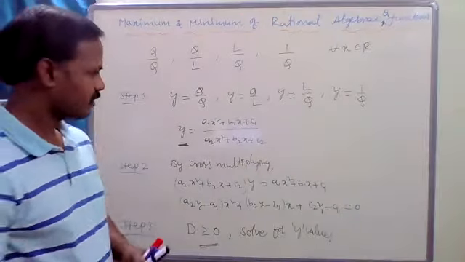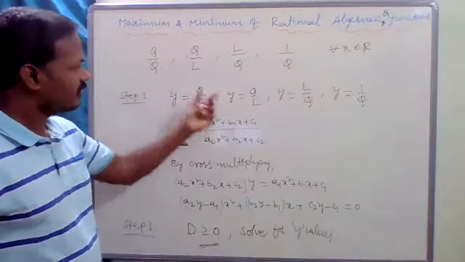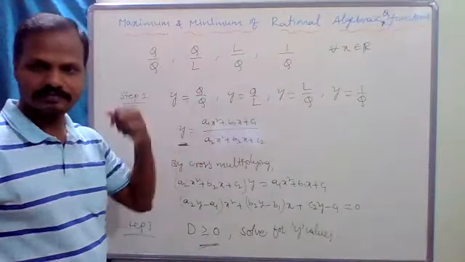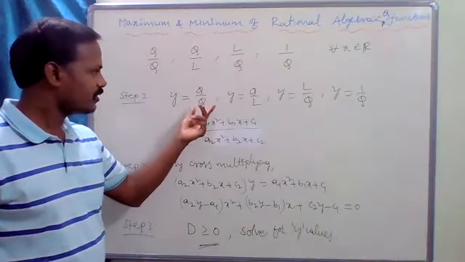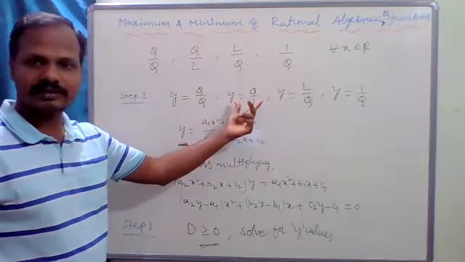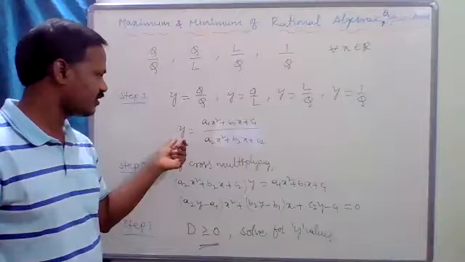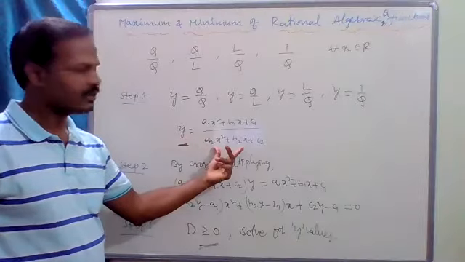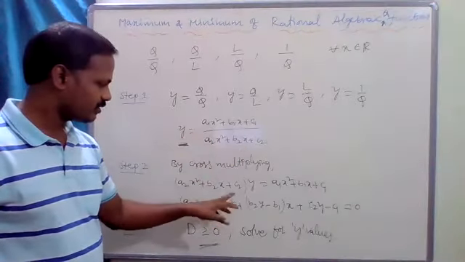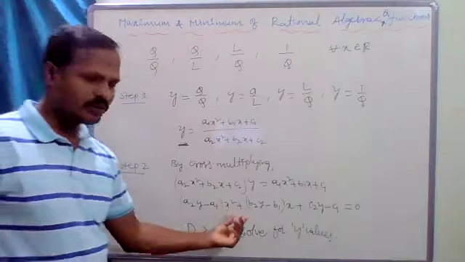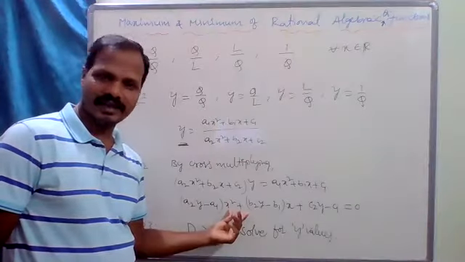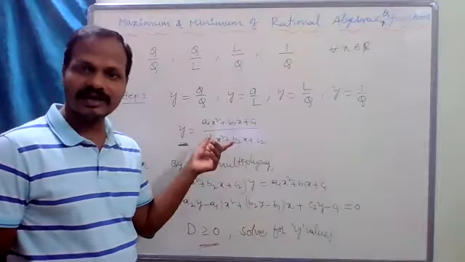So when this type of expressions are given, you have to express that given rational algebraic expression with y equal to something. Then cross multiply. If you cross multiply, you will get a quadratic equation in x. But what is given? X is real.